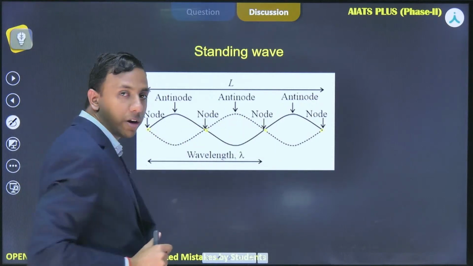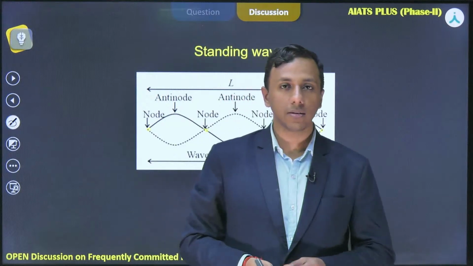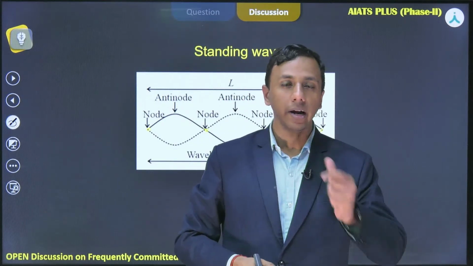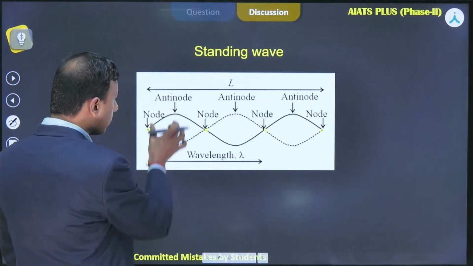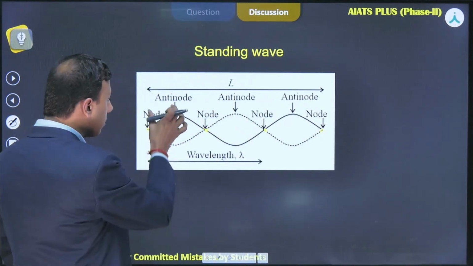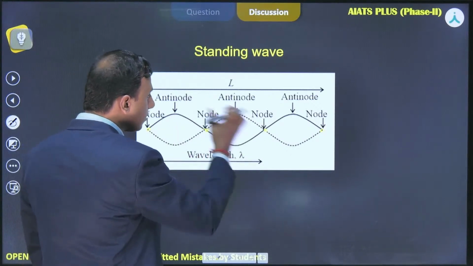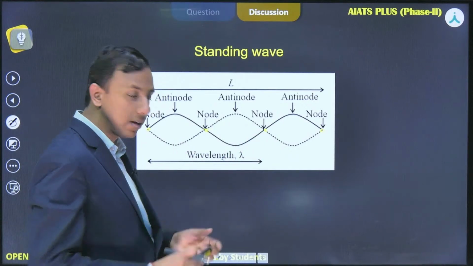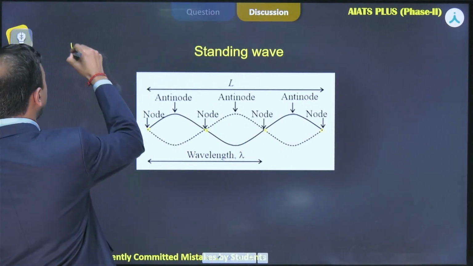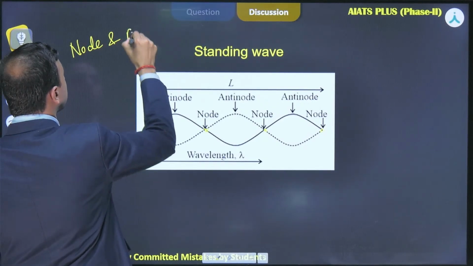So this would be one wavelength, right? And if I were to ask you, what is the distance between a node and an antinode? So what would that be equal to? So this distance would always remain the same, isn't it? So let's say if this is x, then this is also x, this is also x, this is also x, right? So 4 times x is equal to lambda, isn't it? 4 times x is equal to lambda.